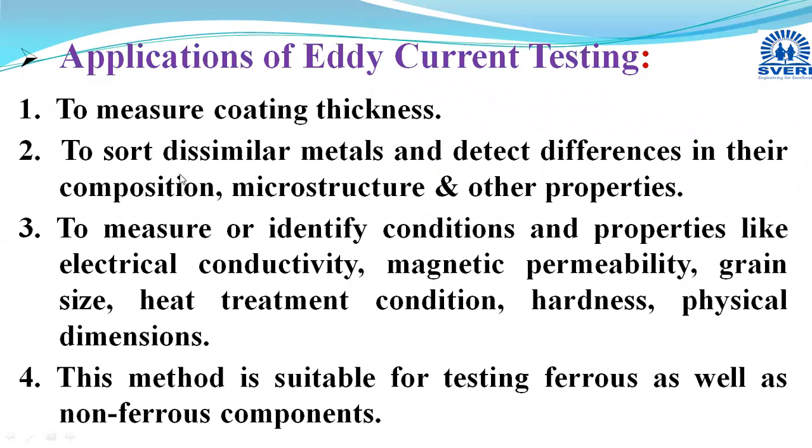And then we can sort the materials based on their composition, microstructure, and other properties. Then with the help of this eddy current testing, we can measure the properties of the material like electrical conductivity, magnetic permeability, grain size, whether any kind of heat treatment is done, or other physical dimensions can also be checked.